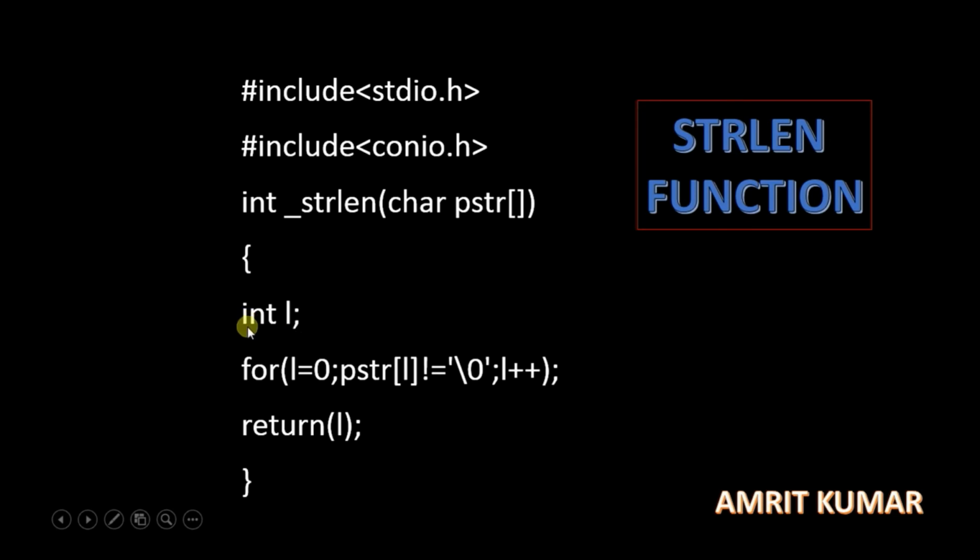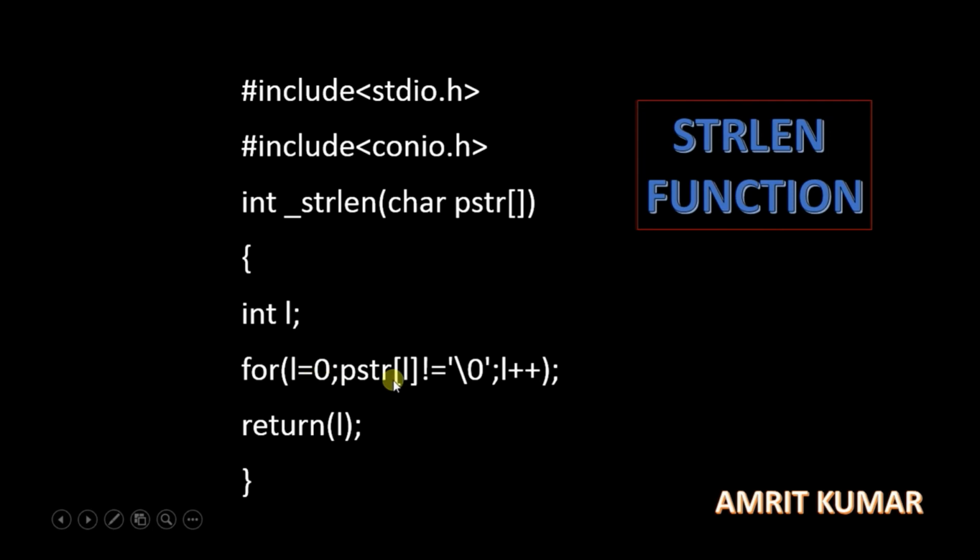After that I am opening my function, and in that I am creating a variable L of integer data type, and using a for loop, L is initialized to 0, semicolon, then the condition: pstr is an array, so pstr[L] should not be null, then L++.